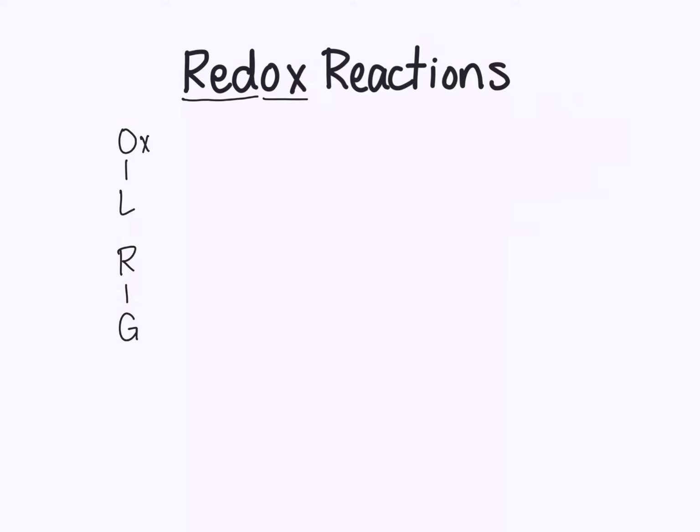So in an oxidation reaction, an atom or a molecule is going to lose an electron. So we remember oxidation is loss of electrons. A reduction reaction is a gain of electrons. So an atom or a molecule is going to gain an electron when it is reduced.